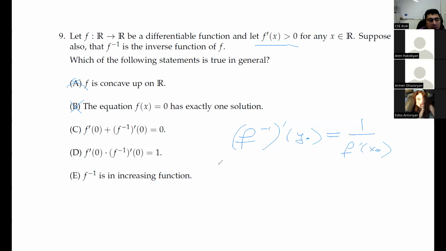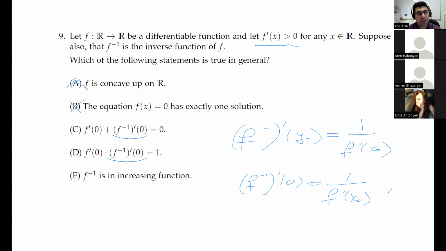Now, since we have here derivative at 0, we can say the inverse function derivative at 0 is 1 over f prime at, again, some point x0. We do not know whether this x0 is 0 or not.